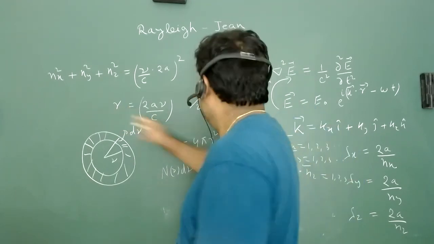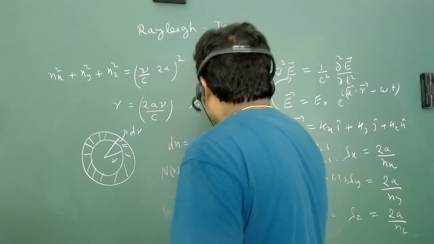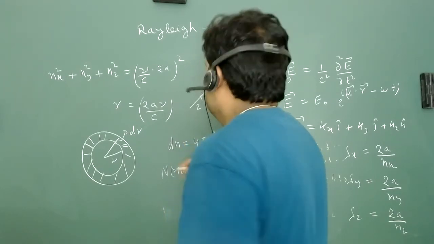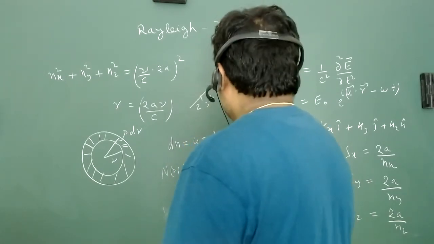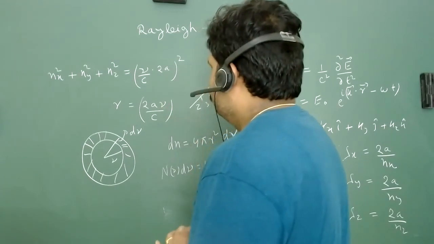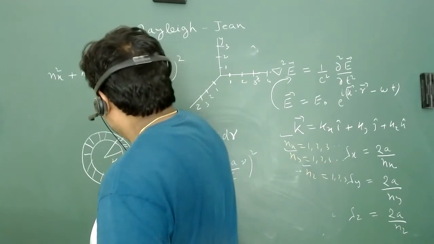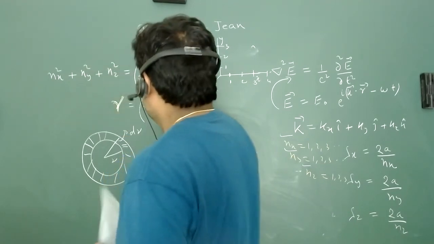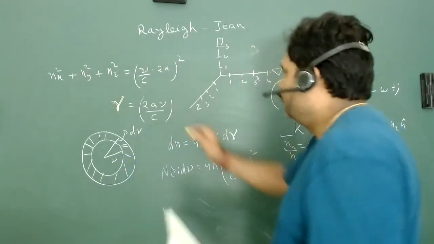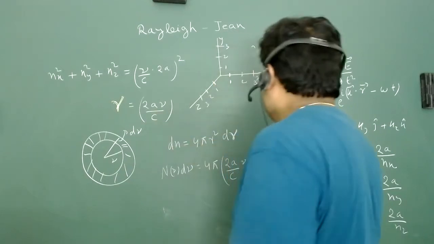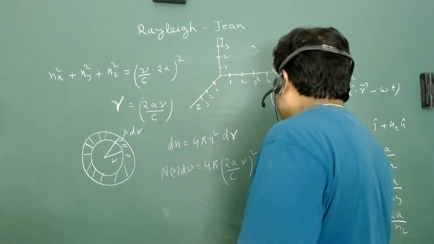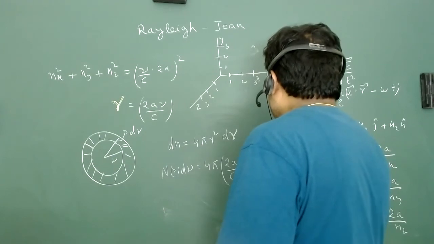This is r, so don't confuse nu and r. This is the radius r, and this is nu. So dr can be written as 2a upon c d nu.